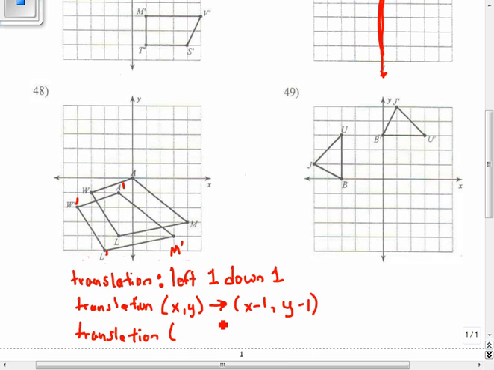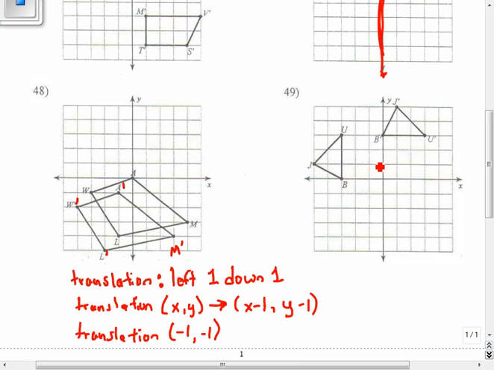And then displacement, we just put in what we did to each of them. So we subtracted 1 from the x, we subtracted 1 from the y. That's the point -1, -1. It's telling me that I have to go one to the left and then one down for each of my vertices and then reconnect them.